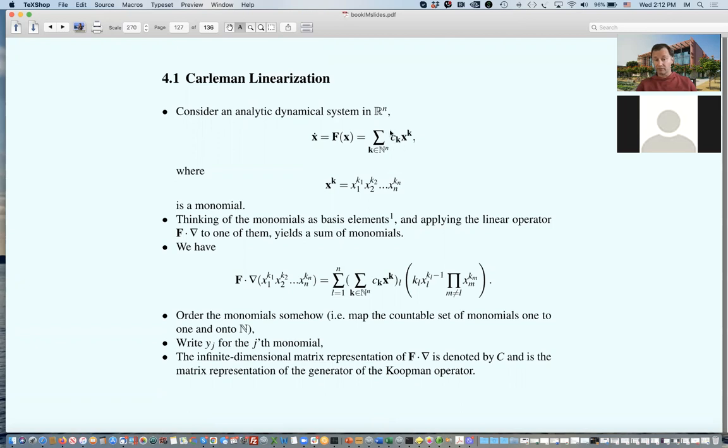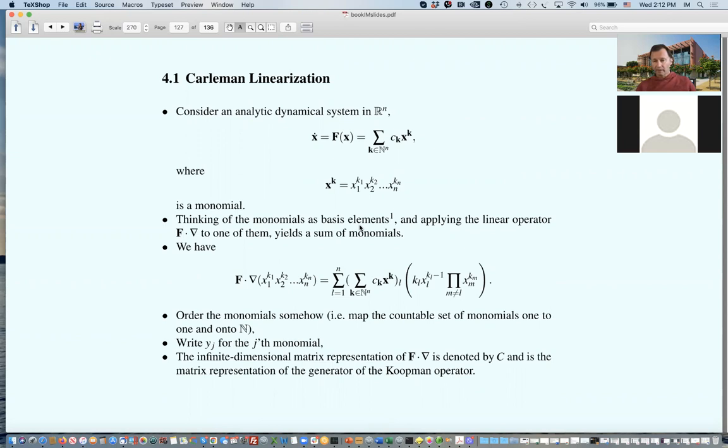I should point out that the coefficients here are real, as opposed to what we've learned in Koopman mode expansions, where the coefficients can actually be complex. Here we are considering real coefficients. So we can represent a good class of functions as finite sums over these monomials.